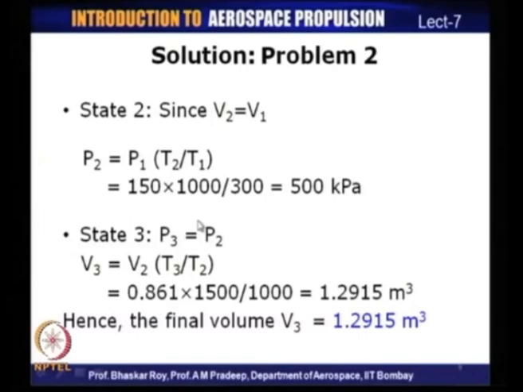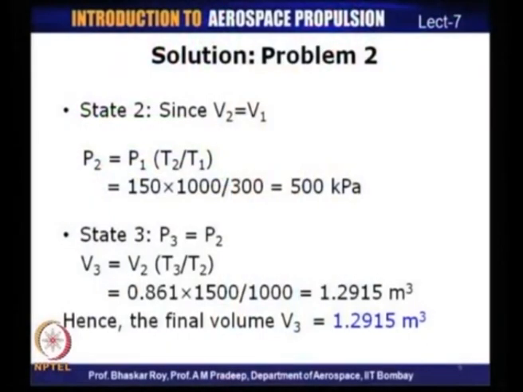Now that we know the pressure at state 2, we can proceed to state 3, because the second process is a constant pressure process, and therefore P2 is equal to P3. Using the state equation again, V3 is equal to V2 times T3 by T2. T3 is specified as 1500 Kelvin, T2 is 1000 Kelvin, and V2 we had already calculated as 0.861 meter cube.